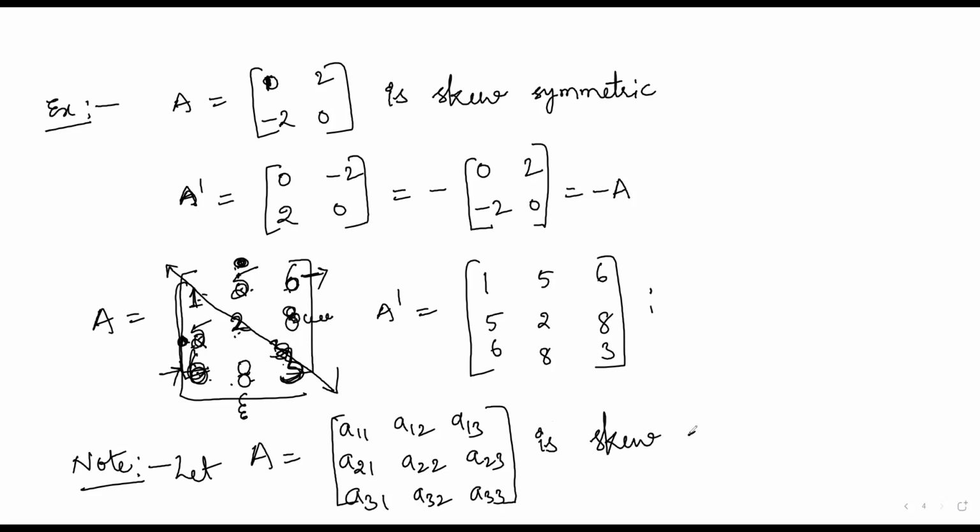Consider A skew symmetric, not any matrix. Then what should happen, A transpose should be equal to minus A.